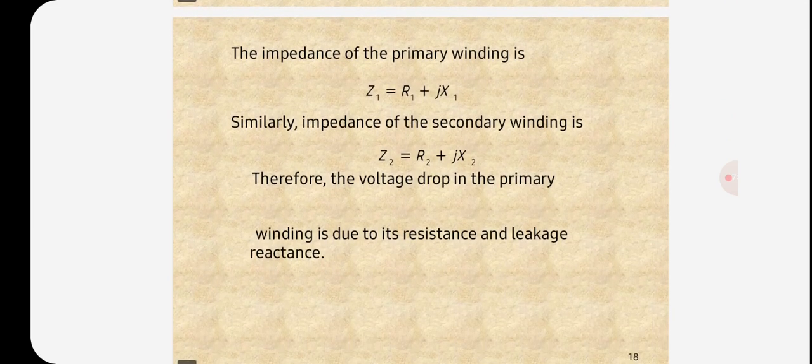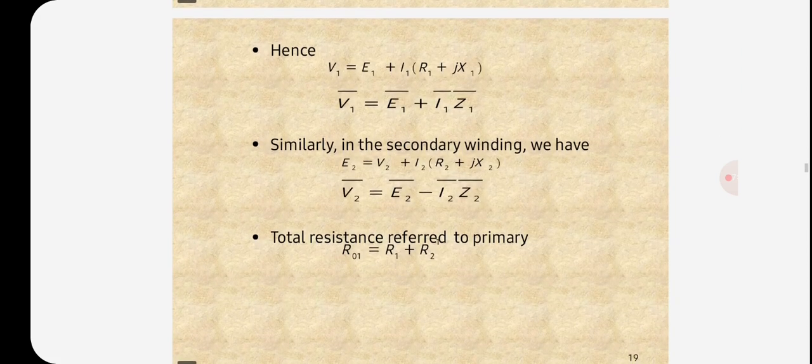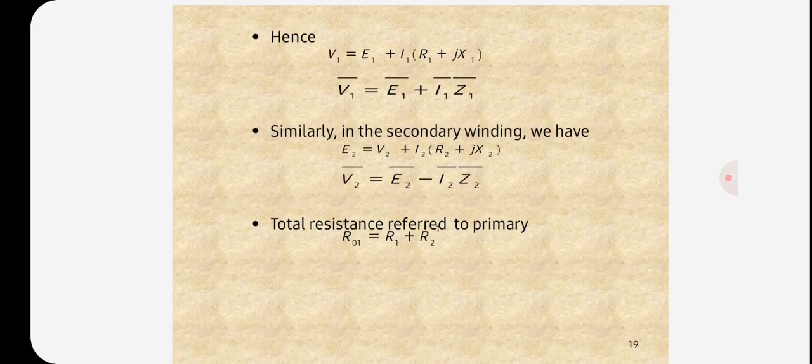So the impedance of the primary winding is Z1 equal to R1 plus jX1. Similarly, the impedance of the secondary winding is Z2 equal to R2 plus jX2. Therefore, the voltage drop in the primary winding is due to its resistance and leakage reactance. Hence, V1 is equal to E1 plus I1 into R1 plus jX1.